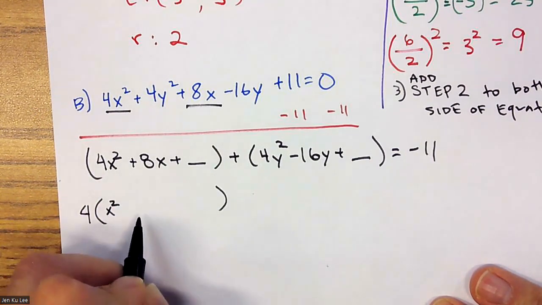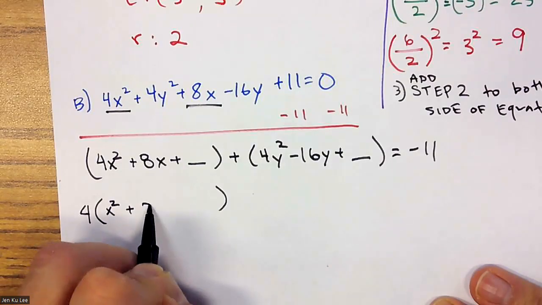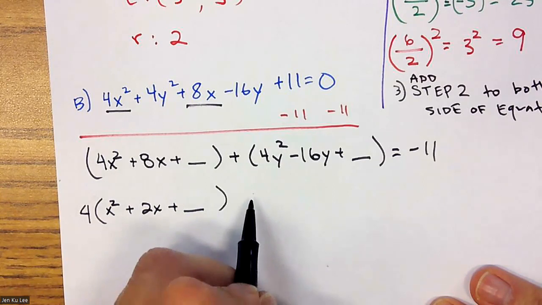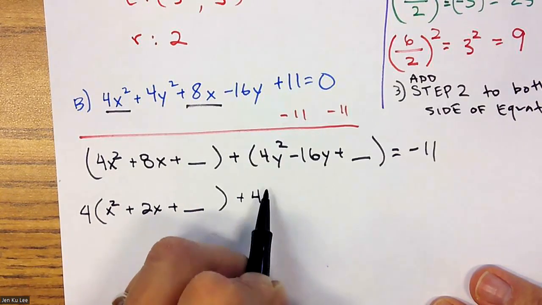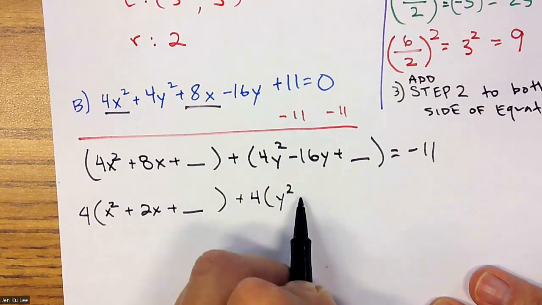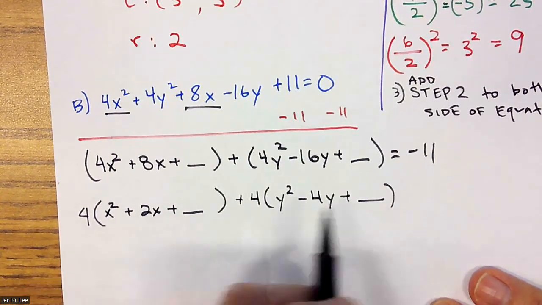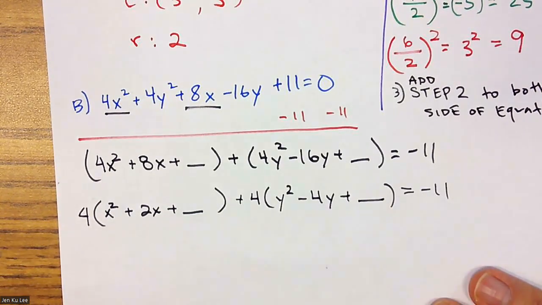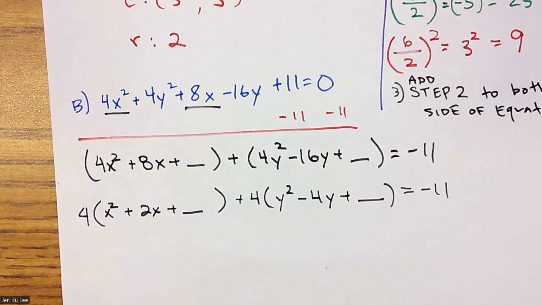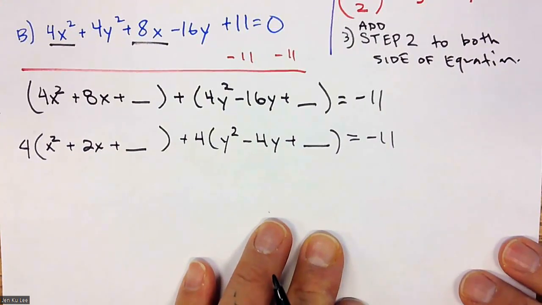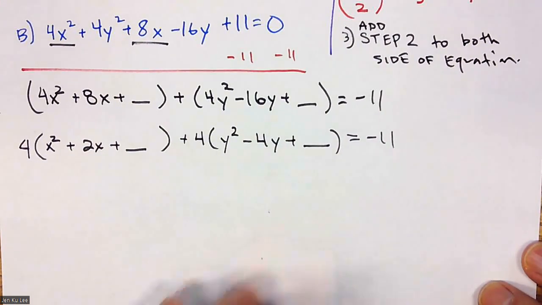So that's 4 times (x squared plus 2x plus blank) plus 4 times (y squared minus 4y plus blank) equals negative 11. Okay. Questions on that? And if you got that, then this next part is going to be easy.